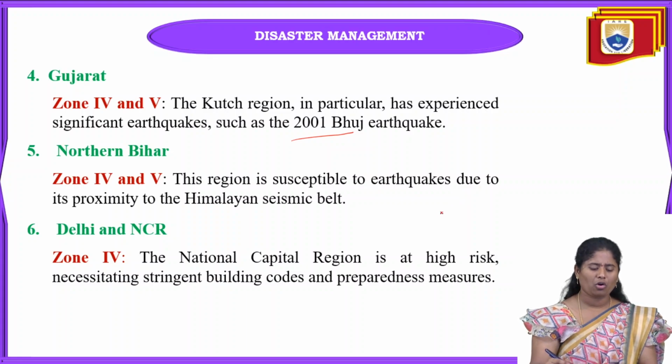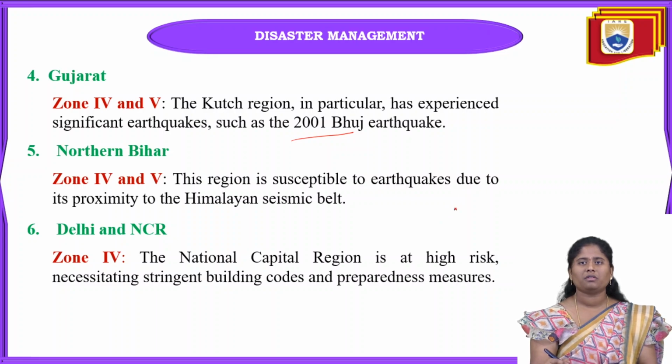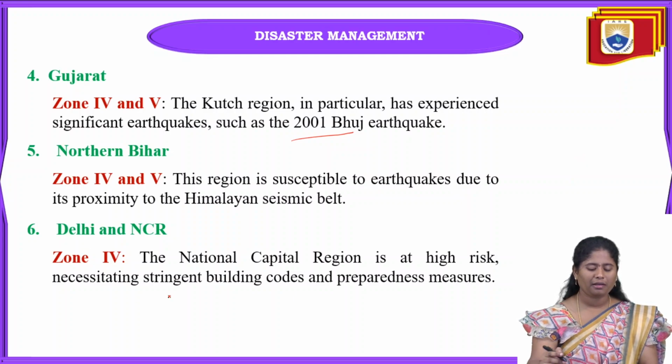Automatically, thousands of people died at that time. And next, northern Bihar also comes under zone 4 and 5. This Bihar area is prone to this type of zone 4 and 5 earthquake, means it has the Himalayan seismic belt along that area. And the next one is Delhi and NCR.